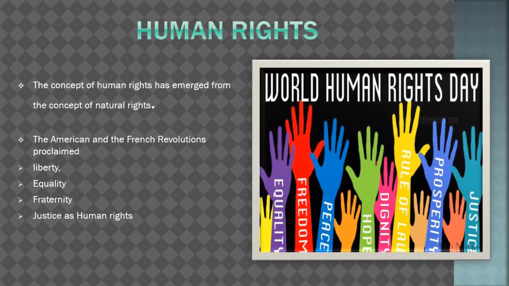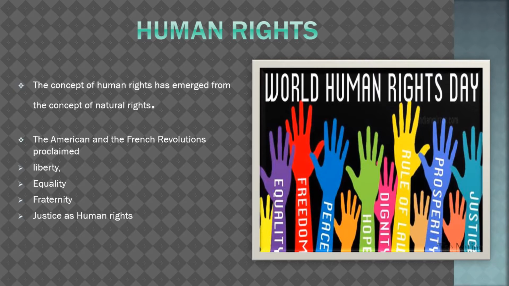For example, the American and the French Revolution proclaimed liberty, equality, fraternity, and justice as human rights. The idea that a democratic form of government is essential to realize these rights was strengthened.